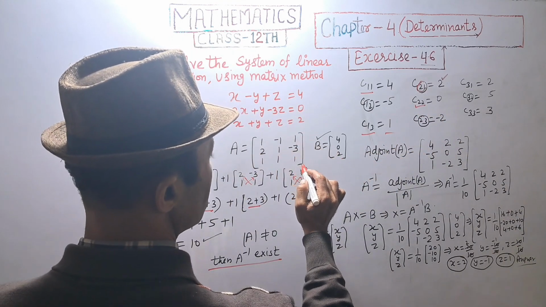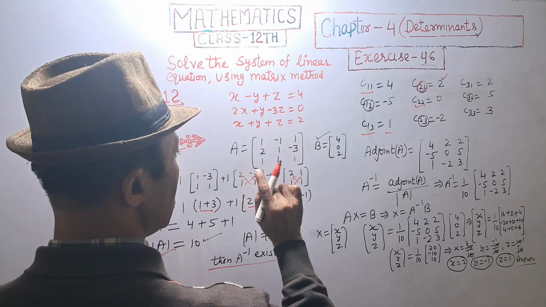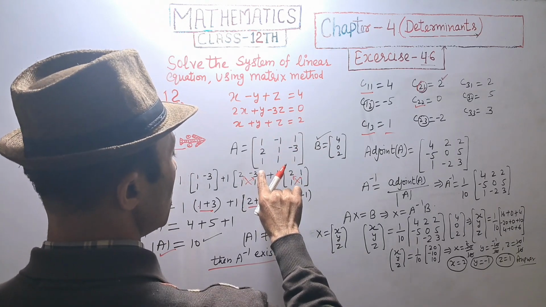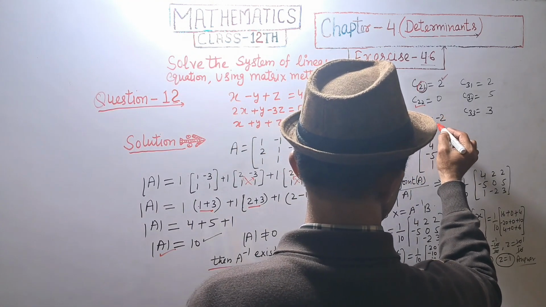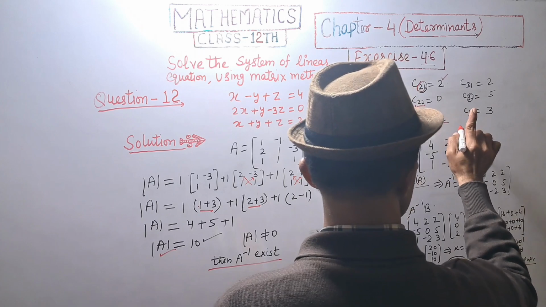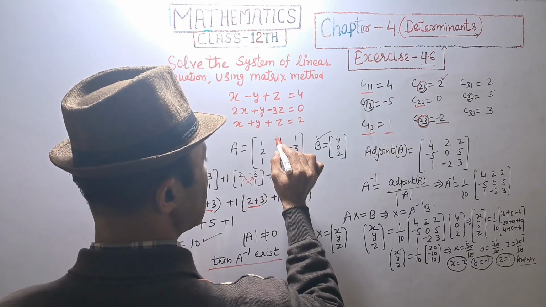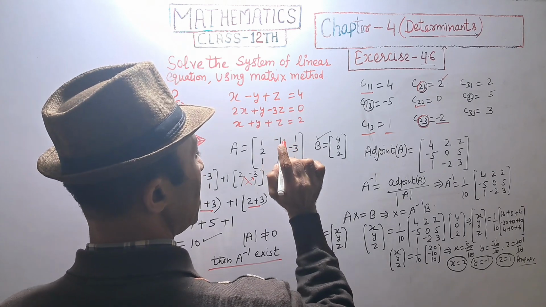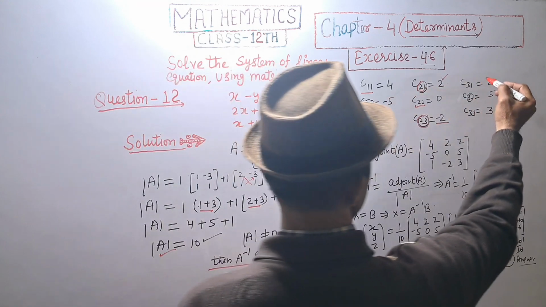C23: 1 plus 1 is 2, and since 2 plus 3 is 5, multiplied by minus, that will be minus 2. C31, third row first column: minus 3 multiplied by minus 1 is positive 3, minus 1, that is 2.